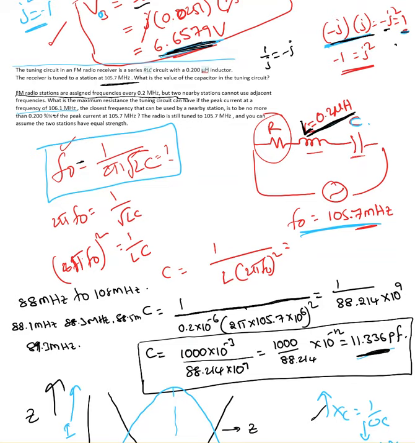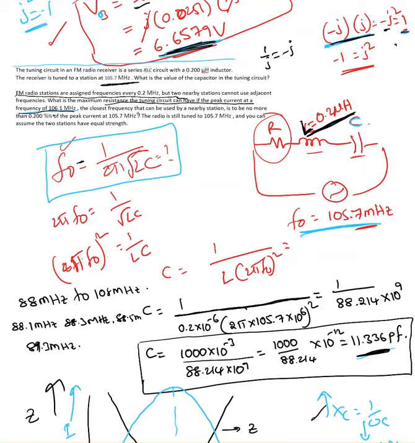Now, what is the maximum resistance? Our goal is finding the maximum resistance the tuning circuit can have if the peak current at a frequency of 106.1 megahertz... Understanding this took me a while, but don't stop here, you need to continue until this.